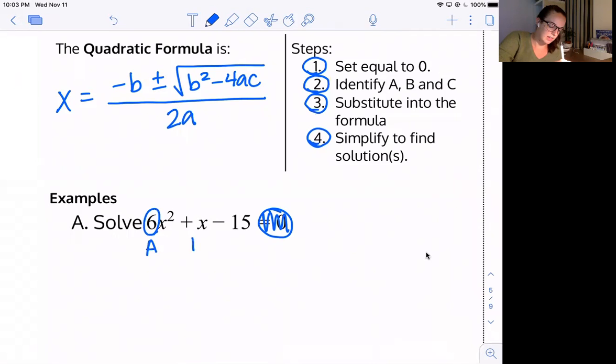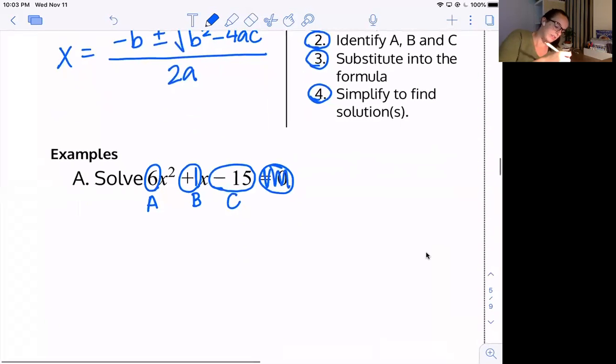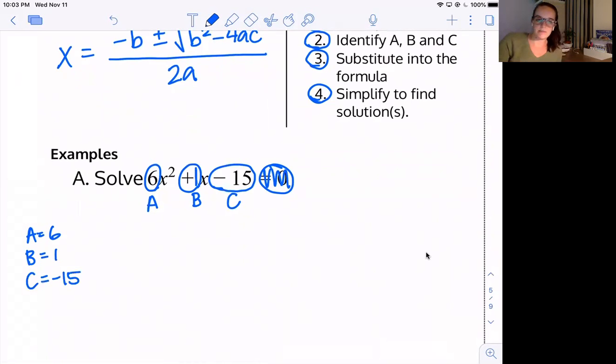B is the number that is in front of x, which in this case is positive 1. And c is the number by itself, the constant term, which in this case is negative 15. So I would say, okay, a is 6, b is 1, and c is negative 15.